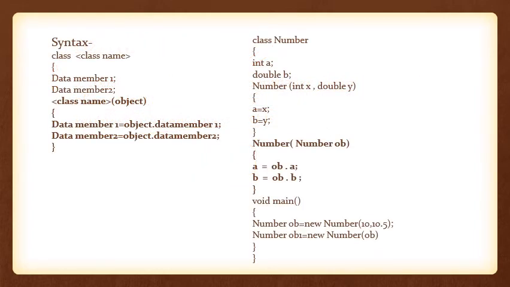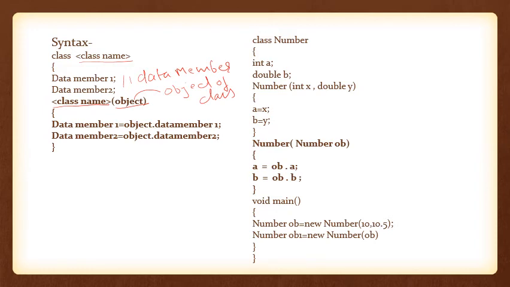This is the syntax. How can we define a copy constructor? Define the class, then the data members, then define a constructor and pass an object of the class as a parameter.